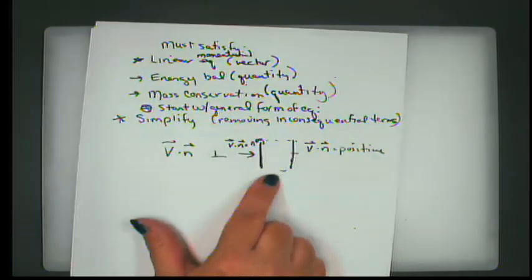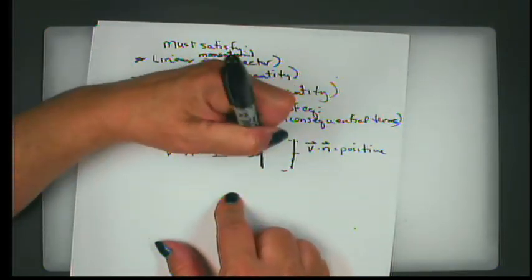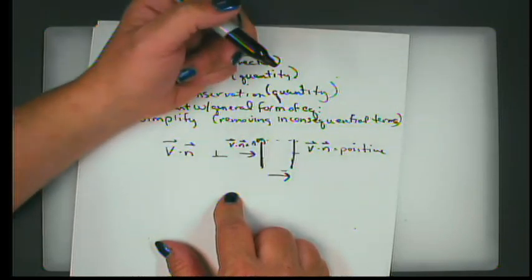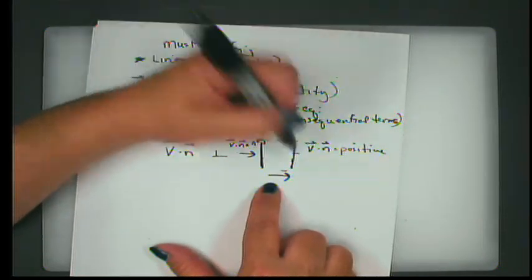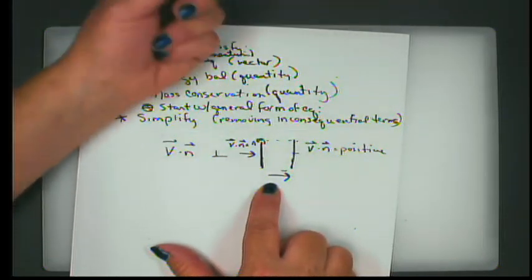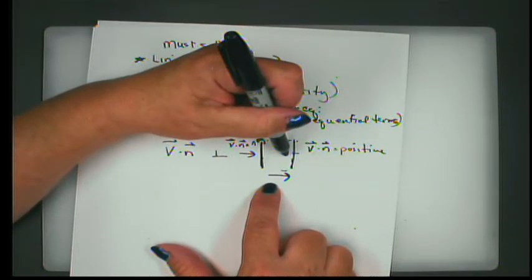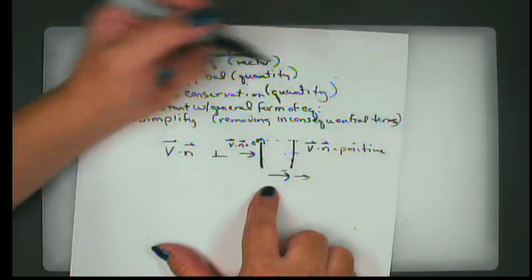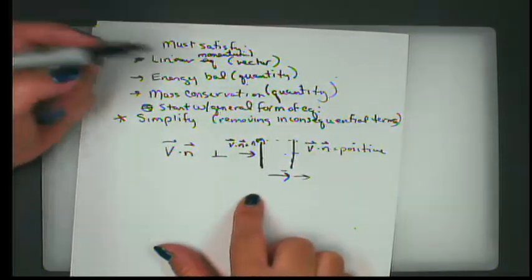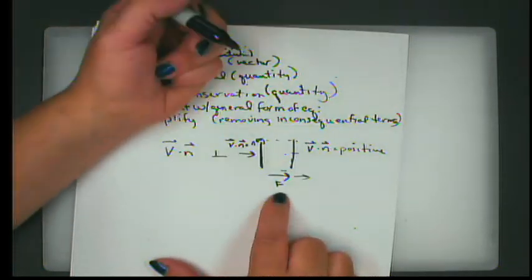So if you have V going in this way, and let's just say you didn't have the water stream coming out here, if you have V squirting into something, it's going to move in this direction, isn't it? So in other words, you're going to have an unbalanced force system.